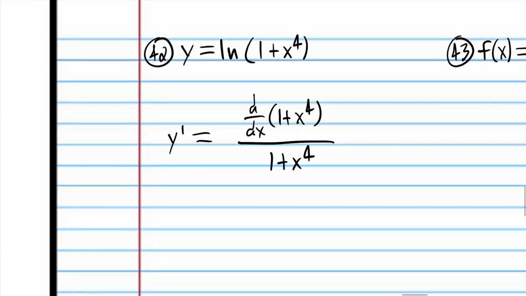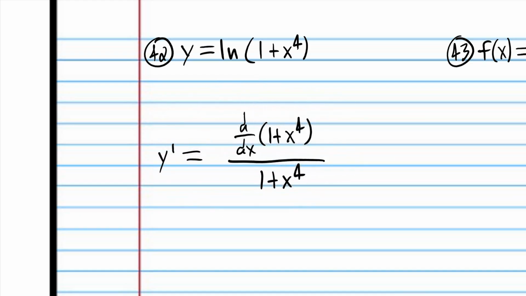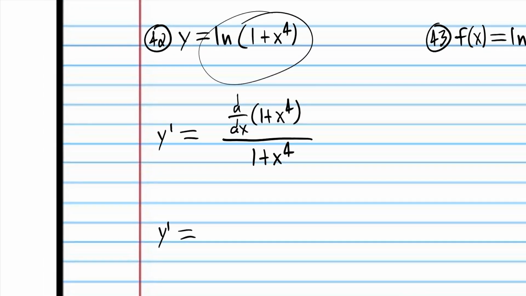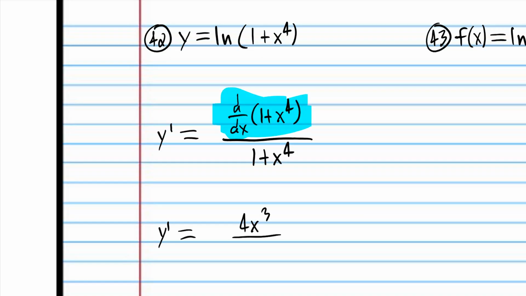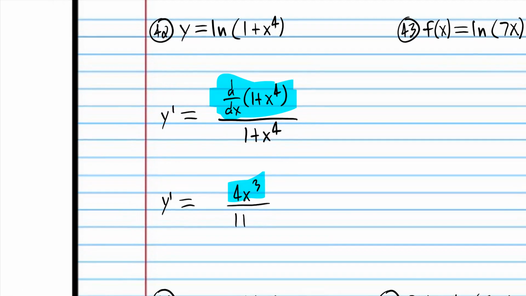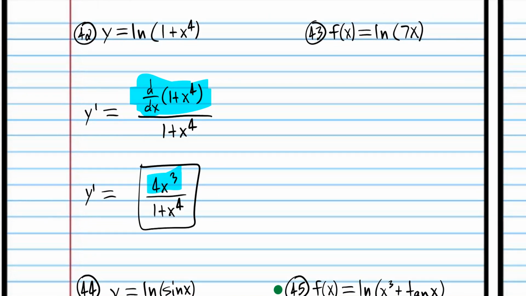A lot of students are kind of in disbelief that it could be that easy, but that's actually how we find the derivative of a composite natural log expression. So we have 4x cubed, that's the derivative of the inside function, over 1 plus x to the fourth, and you're done. It's that easy.